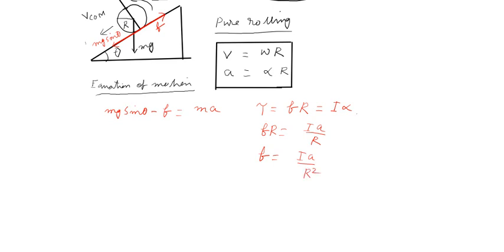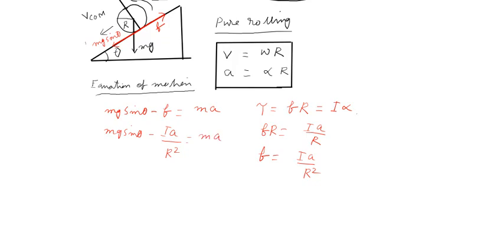Now if we put this value of friction in this equation of motion, the linear equation of motion, we will get mg sine theta minus I A by R square is equal to ma.